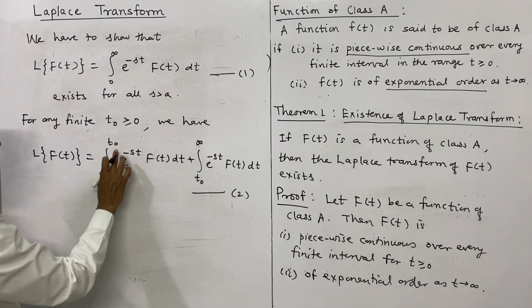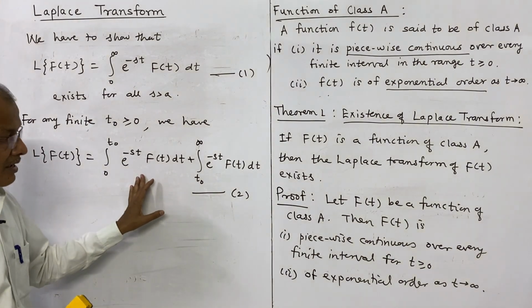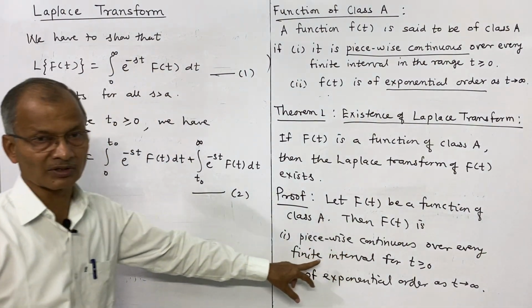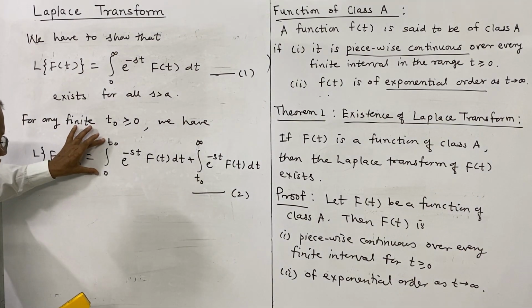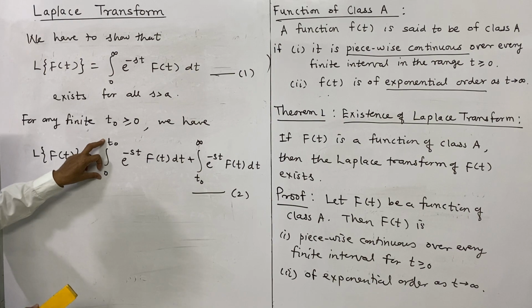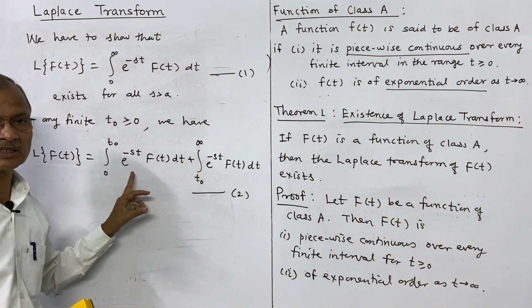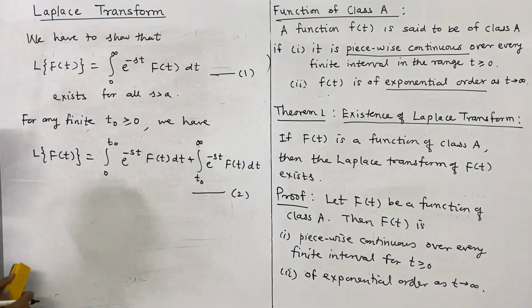Now the first is finite, meaning the interval 0 to t naught is finite, and by the first condition the function is piecewise continuous, so it is continuous in the interval 0 to t naught, and therefore because the function is continuous, this integral is convergent or finite.